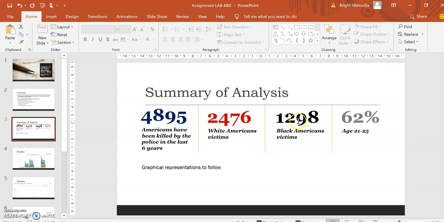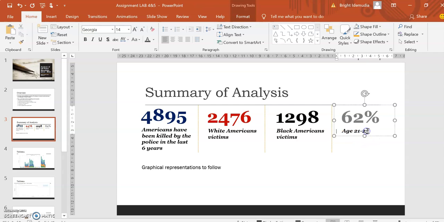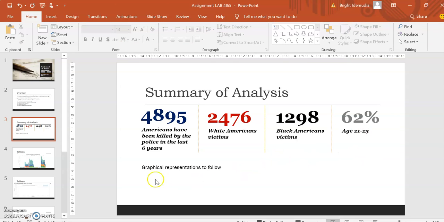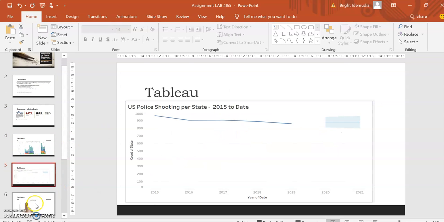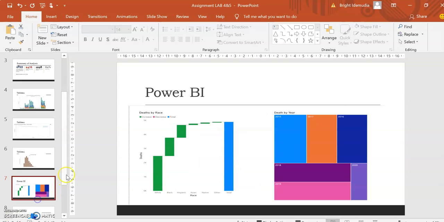Then almost 1,300 black people, according to my data set, have also died in the same manner, and the ages between 21 to 35, apologies, is 35, not 25, have been highly impacted, about 62% of those people.